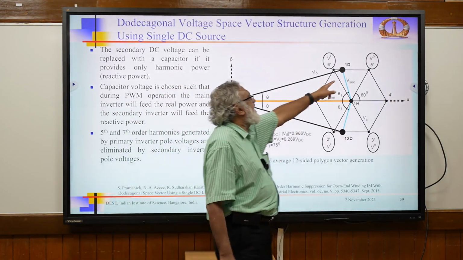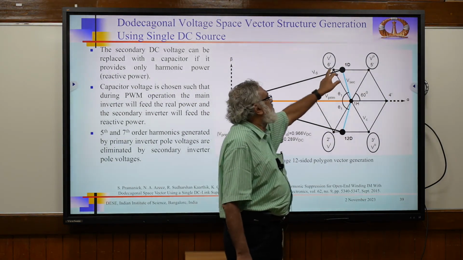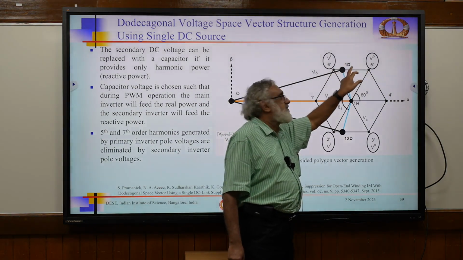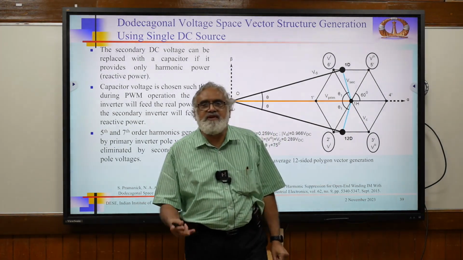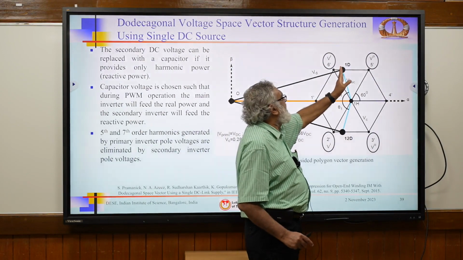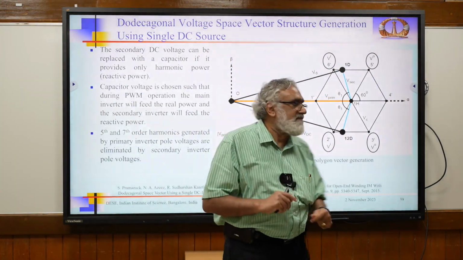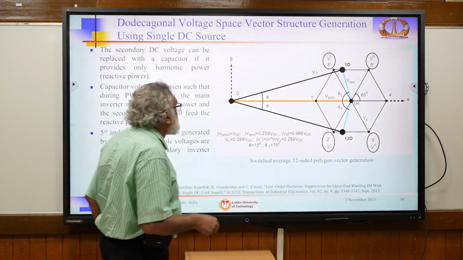But there is no vector here. We can only have hexagonal vectors. Then what we thought we'll do, switch average these two. So the average vector will be generated, and by switch averaging, the 12-sided vector will be generated. Then by slightly shifting this way or this way, the capacitor charge and discharge can be balanced. That's the idea.